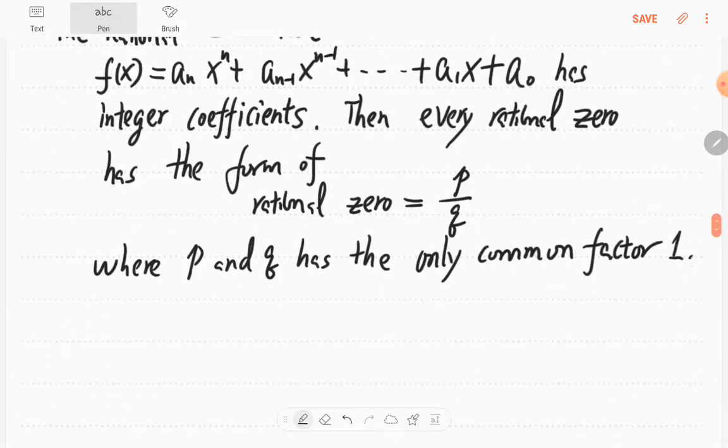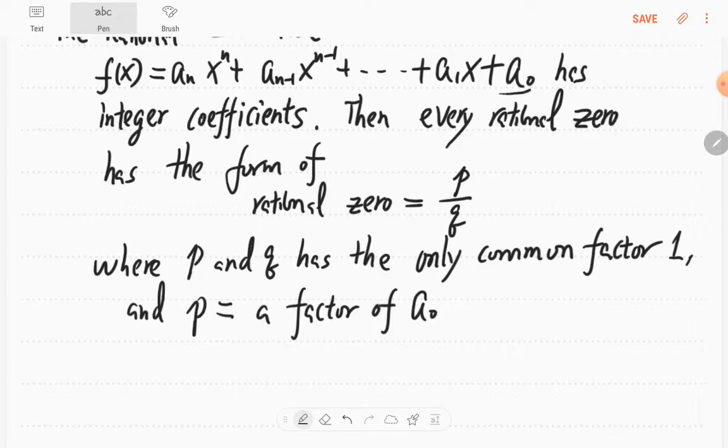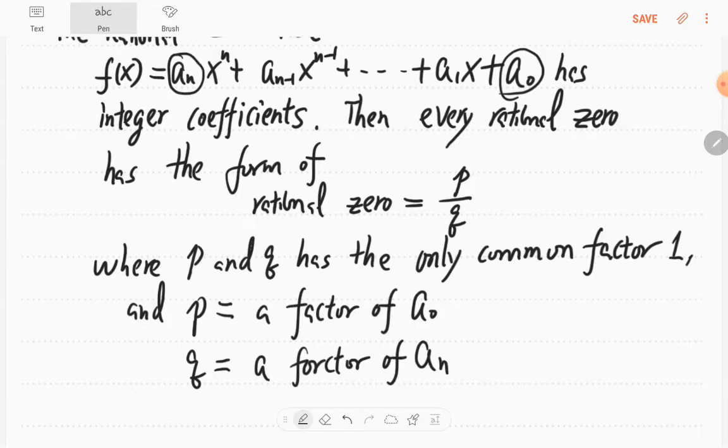And p is a factor of a0, the constant coefficient, and q is a factor of the leading coefficient a_n.